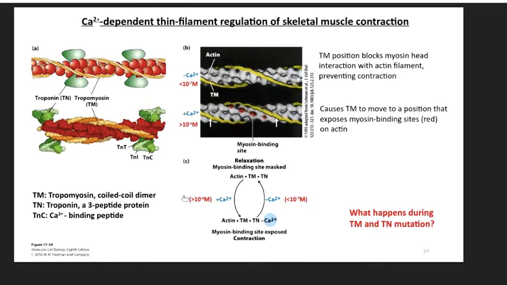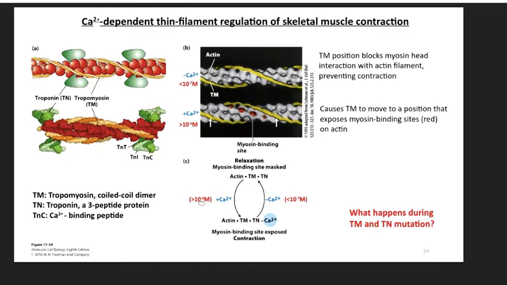As the calcium in the surroundings increases, the myosin binding sites are exposed, causing contraction. As the calcium gets back into the sarcoplasmic reticulum, there is a lower concentration of calcium outside. And it's also important that this is more than 10 to the power minus 6.